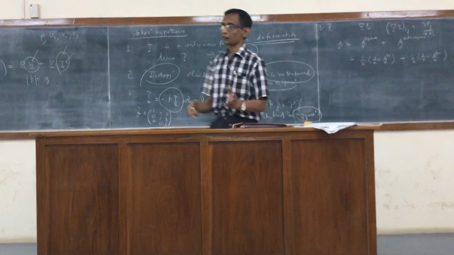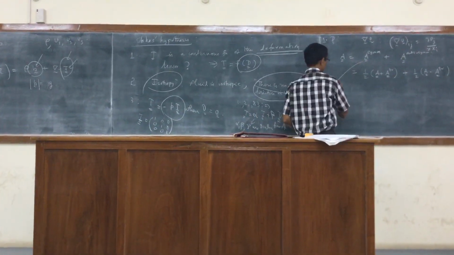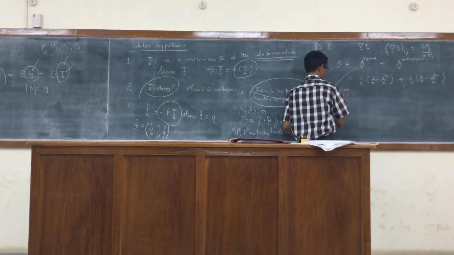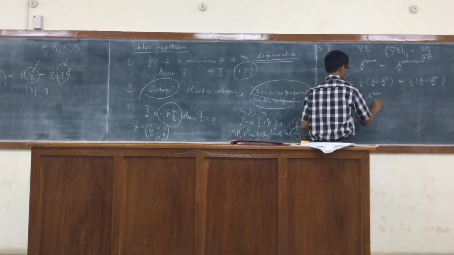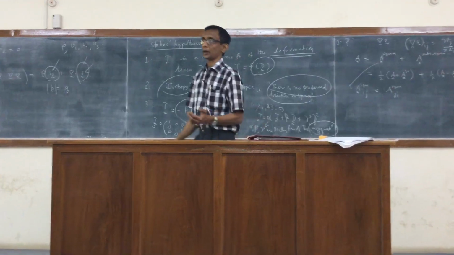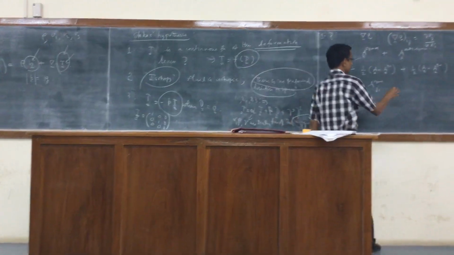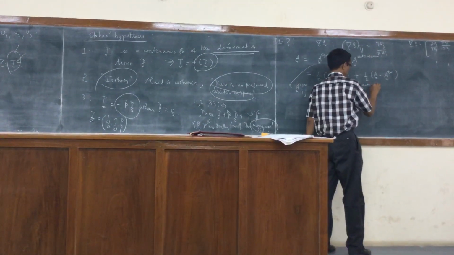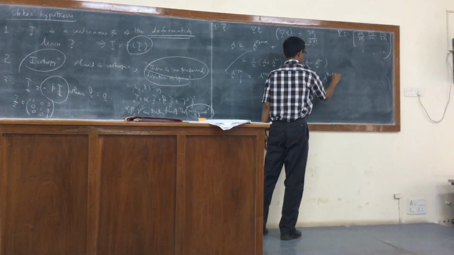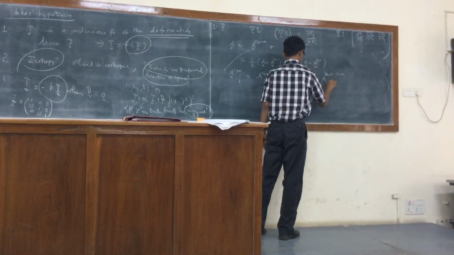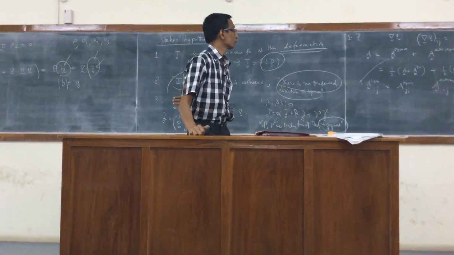The symmetric matrix, all of us know what it is, right? Symmetric matrix means A is symmetric. The symmetric part is equal to half of A plus A transpose. What of the anti-symmetric? A anti-symmetric is defined as half of A minus A transpose.